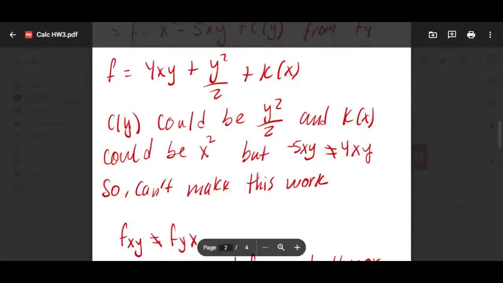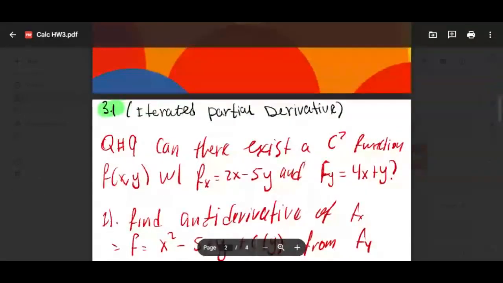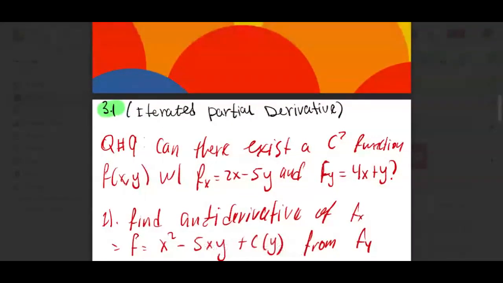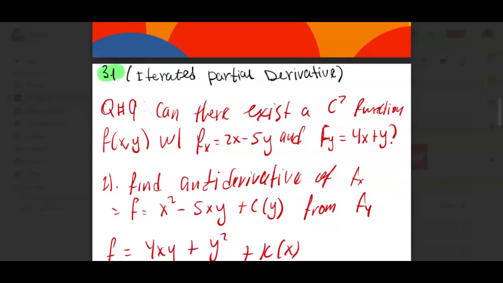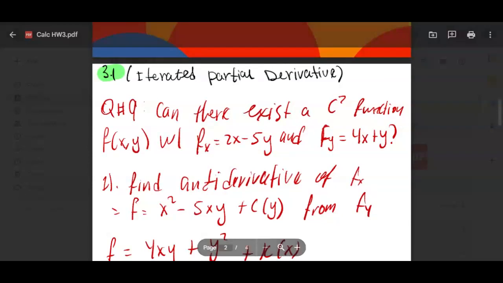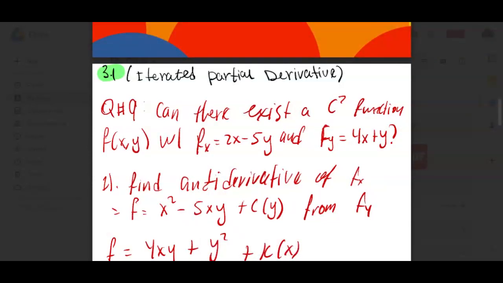All right, so for question 3.19, it's asking us to prove whether there is an existence of a C-square function f of x,y with partial of x equal to 2x minus 5y, and the partial of y equals 4x plus y.